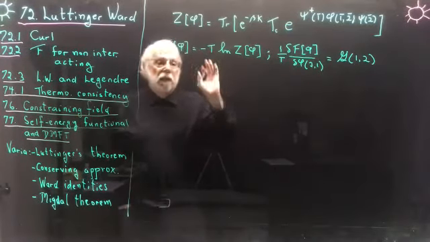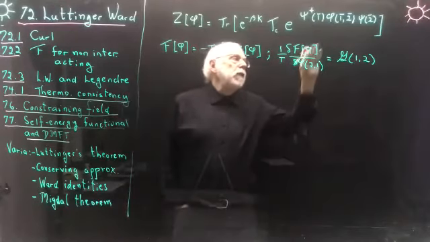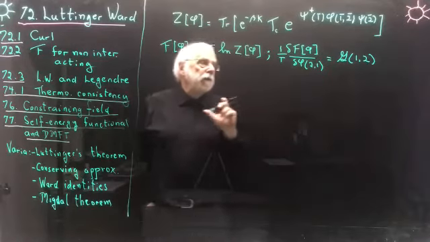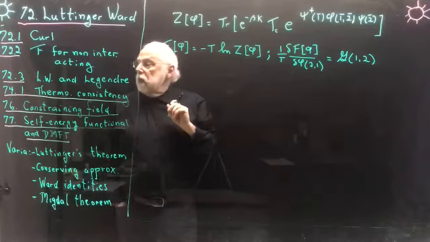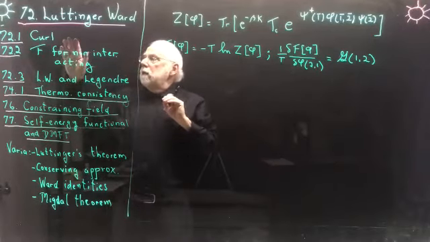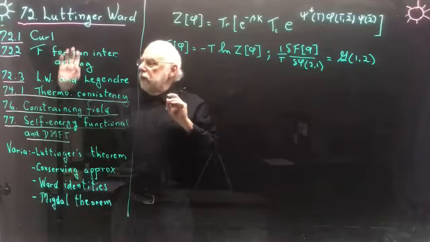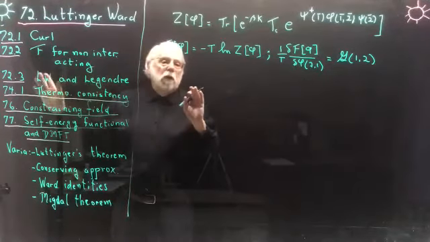I just defined the free energy. So the free energy as a functional of phi is a generating function for the Green's function. Now, let's go immediately to the Luttinger Ward functional.